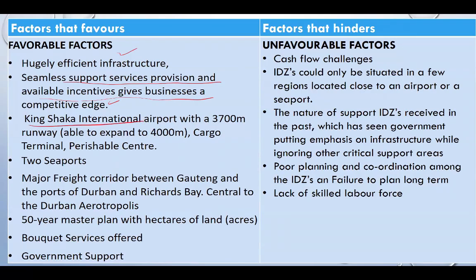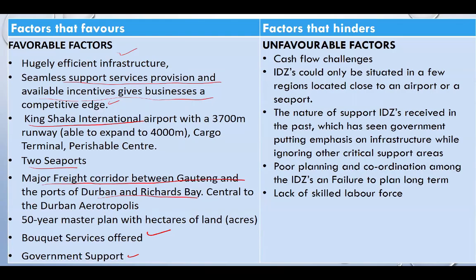There is an airport there. There are two seaports there. There are major freight corridors between Gauteng and Durban and Richards Bay. And then there are bulk services that are available there. There's government support. So these are the factors that are going to favour industrial development in this Dube Trade Port.